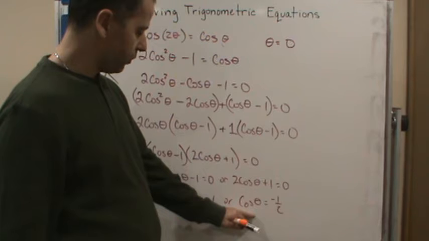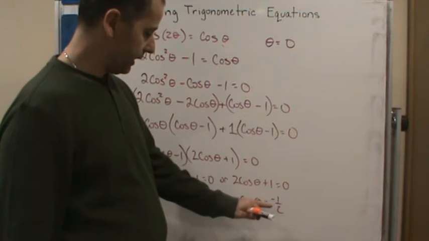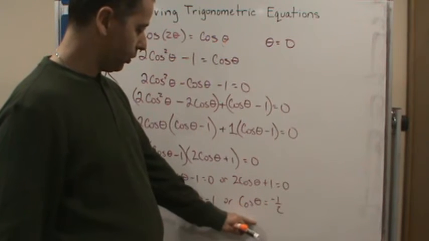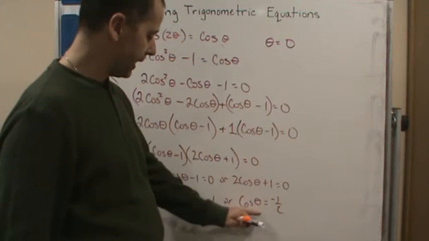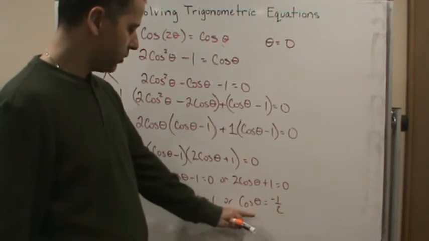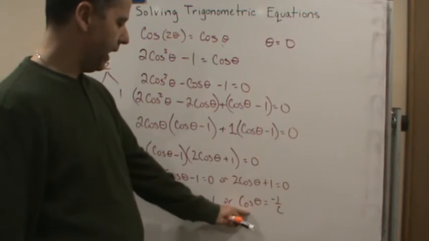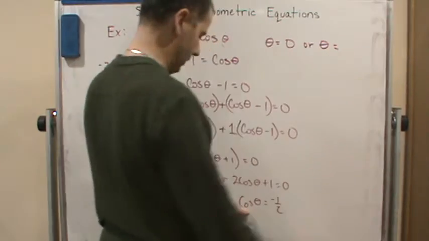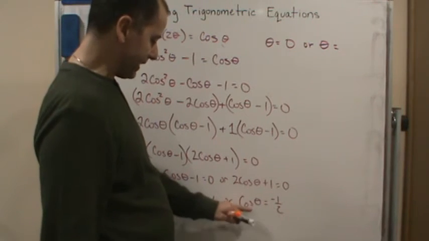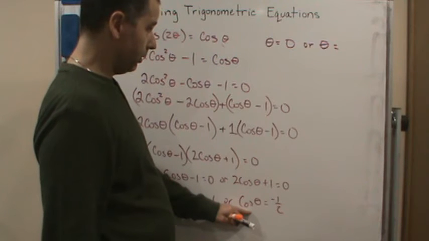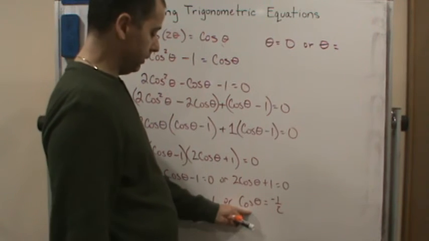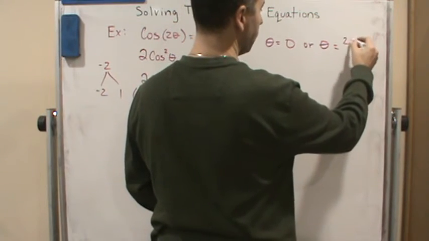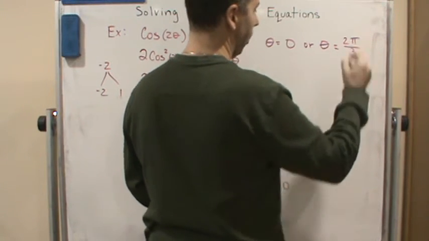So what are the 2 quadrants? It's going to be negative in the second and third quadrant. So in the second quadrant, since I'm dealing with a 60-degree reference angle, which is pi over 3, the angle is going to be 2 pi over 3.